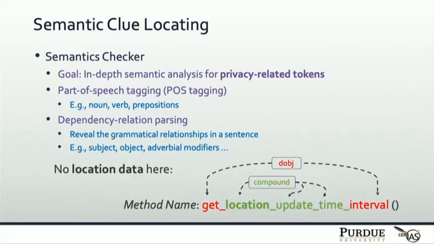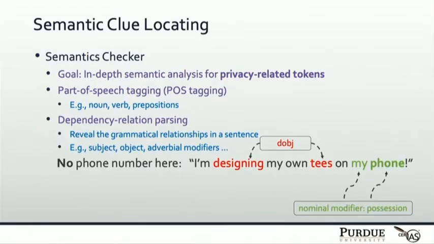In this method name, the location only holds a compound relation with update and time. The main subject of this term is to get the time interval, which is indicated by the direct object relation between the terms get and interval. So this method does not indicate any existence of location data.